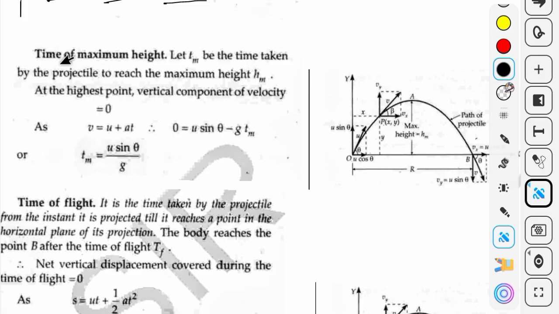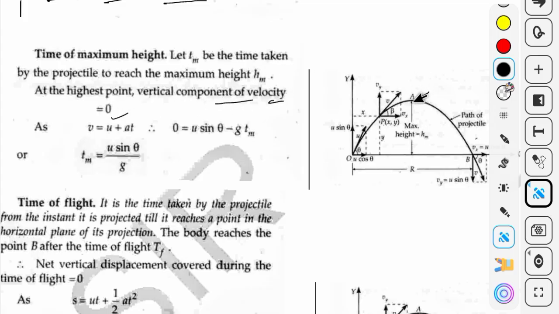Now we will find the time of maximum height, that is the time to reach the maximum height. Let Tm be the time taken by the projectile to reach the maximum height hm. At the maximum height, the vertical component of velocity is 0.